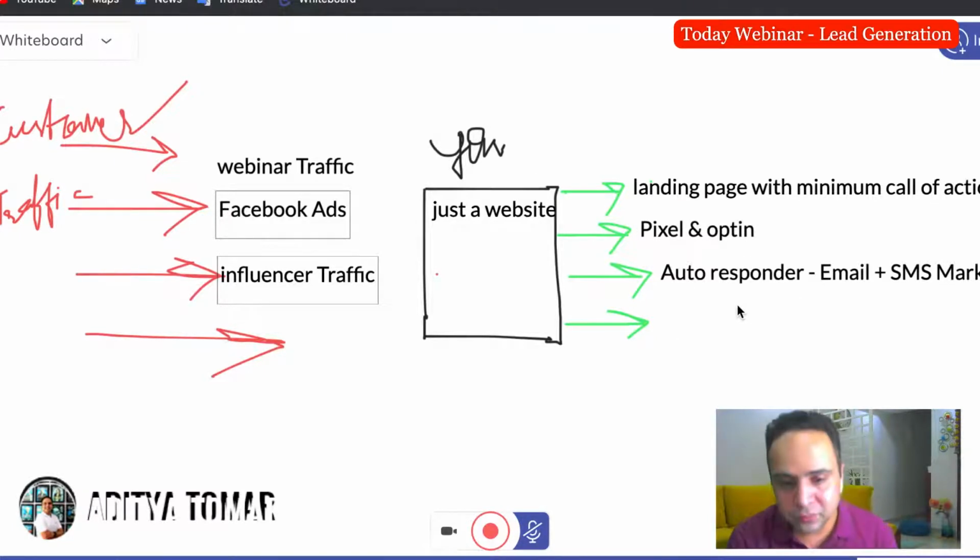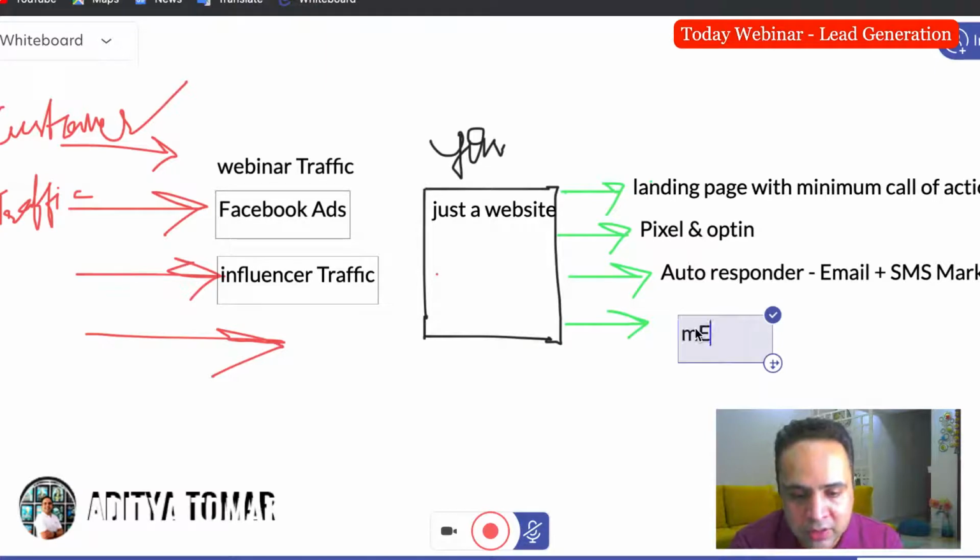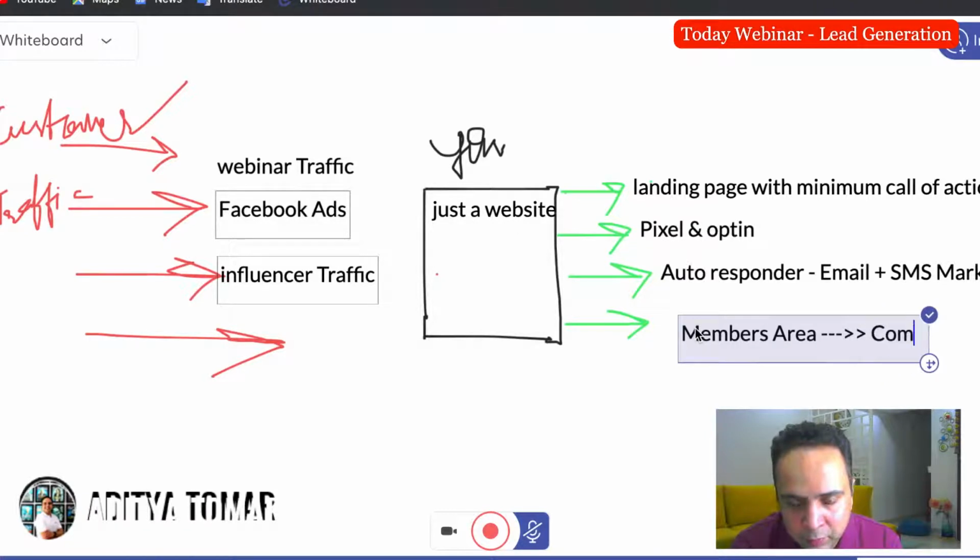And the other thing, which is the most important and will be the future in the coming era, or which people already believe in right now, is the members area. The members area contains your community, your groups that you build.